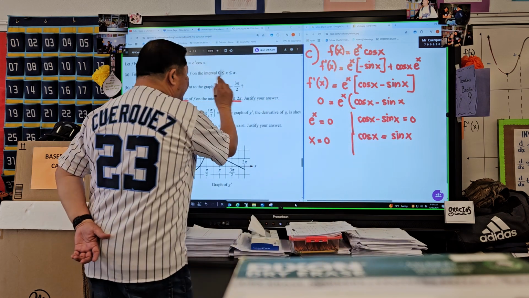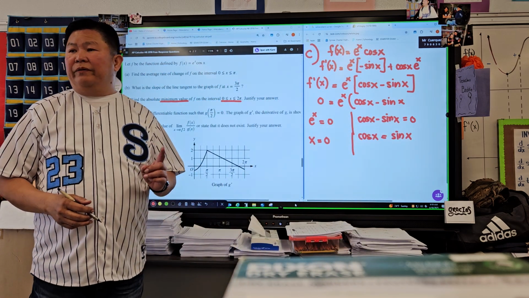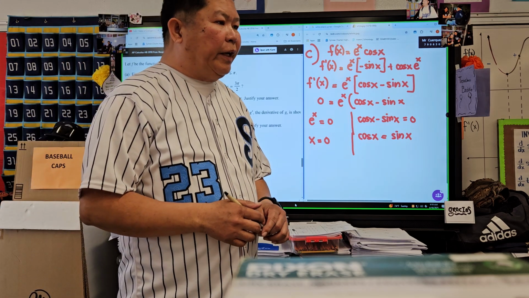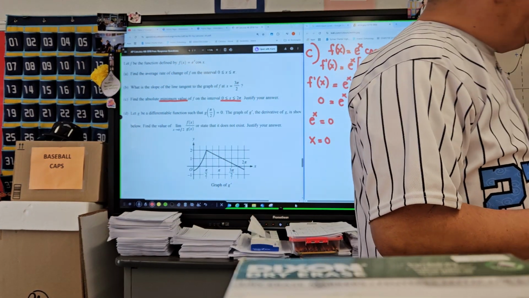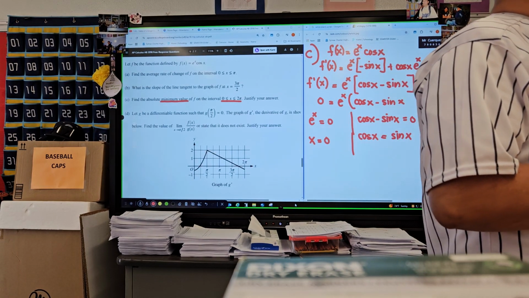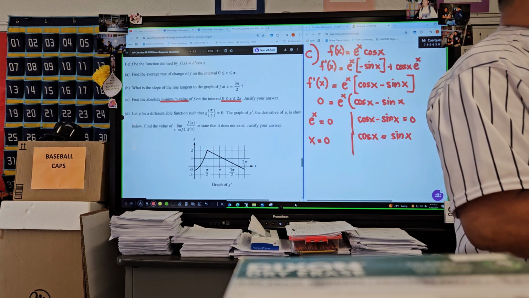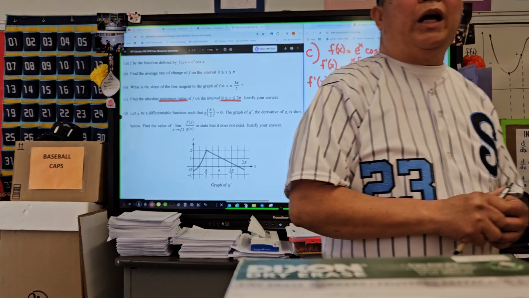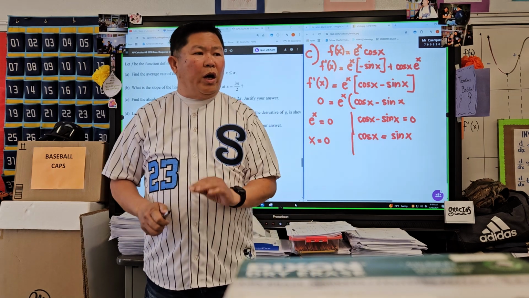Now, from 0 to 2 pi, at which value is the cosine equal to the sine? At what particular pi radian are the cosine and sine equal? Isn't it equal in the first quadrant?